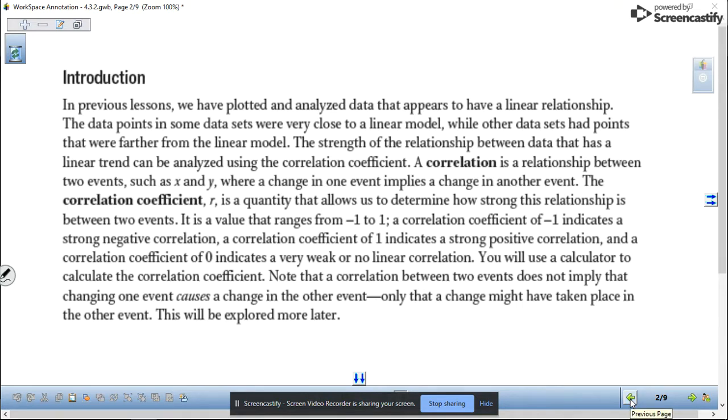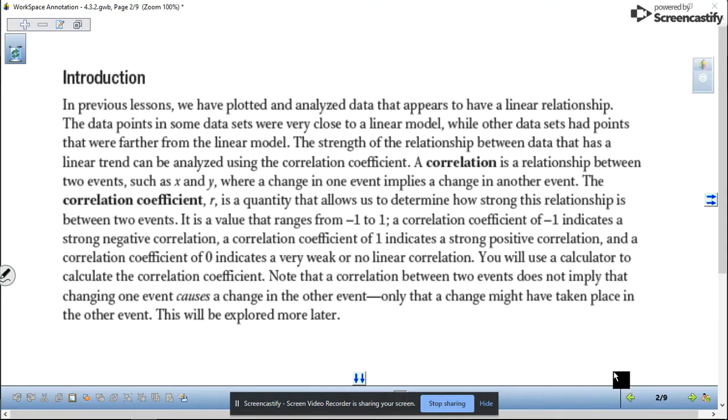A correlation is a relationship between two events, such as X and Y, where a change in one event implies a change in another event. The correlation coefficient, R, is a quantity that allows us to determine how strong this relationship is between the two events. So in other words, how closely related X and Y are, right? In other words, how closely does reading a lot of books affect my ability to do well on that vocabulary test in that first example?